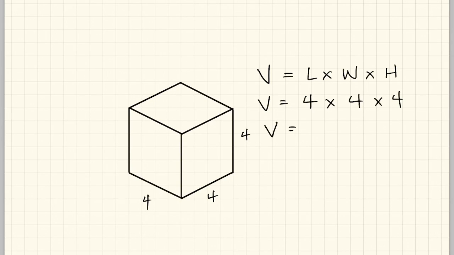And volume of this would be, and we're not specifying the unit, it can be inches, meters, miles, centimeters, whatever you want it to be, but 4 times 4 is 16 times 4 is 64 units, and this one will be cubed because we're using length, width, height. That's where we get that cube from.